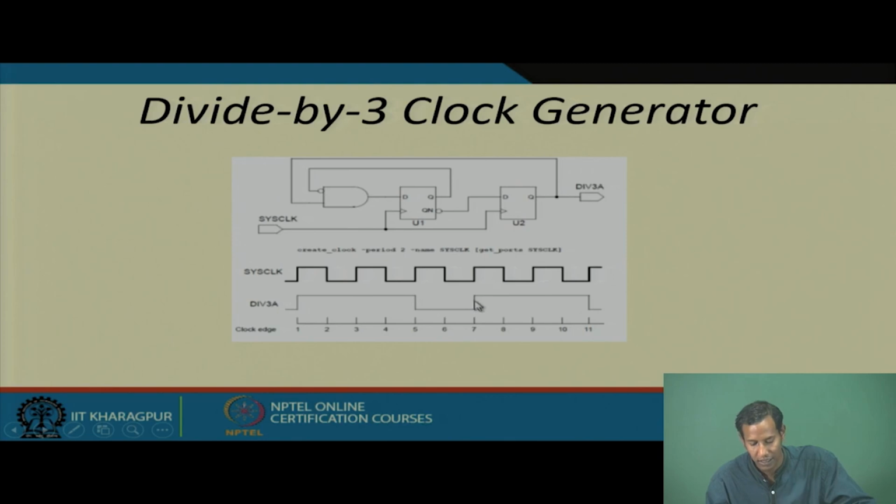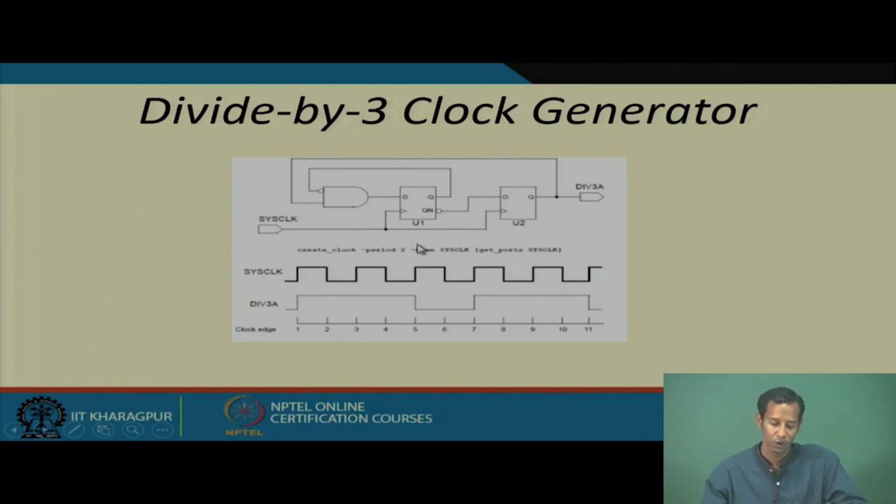Then again it depends on this Q and it comes back to 1. So, for clock edges 1, 2 and 3 this is 1, and then again it is 0, and again 1, 2, 3, for 3 clock edges it is 1. That is why this particular circuit acts as a divide by 3 clock generator.